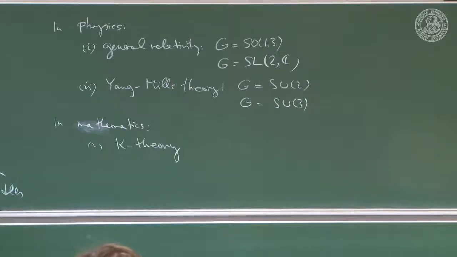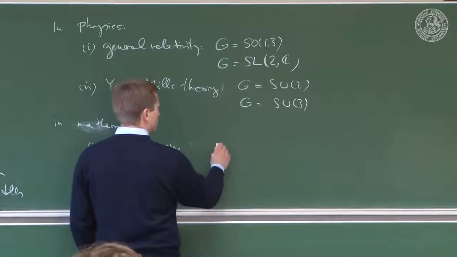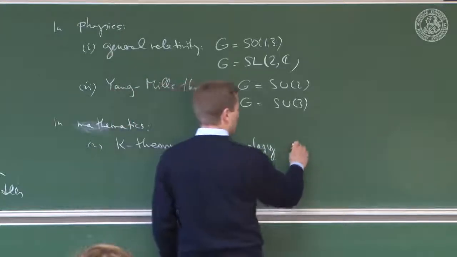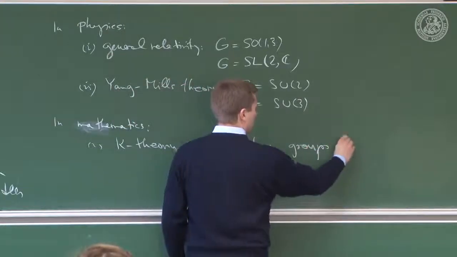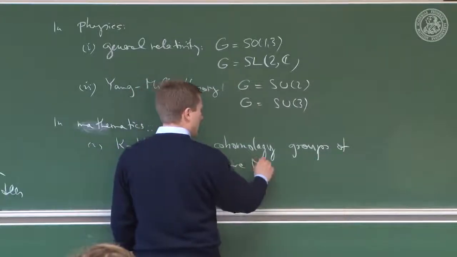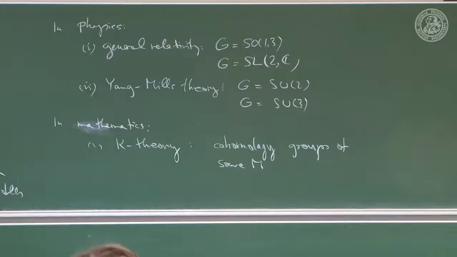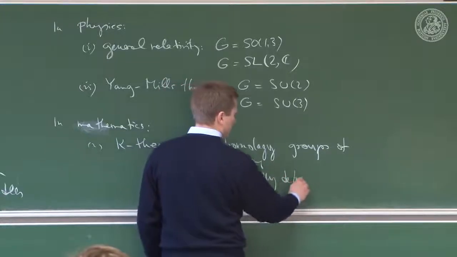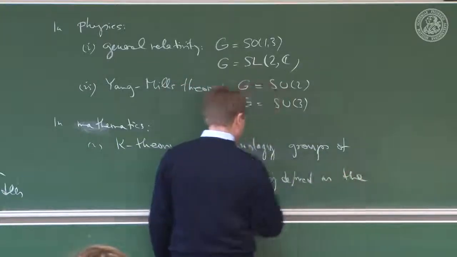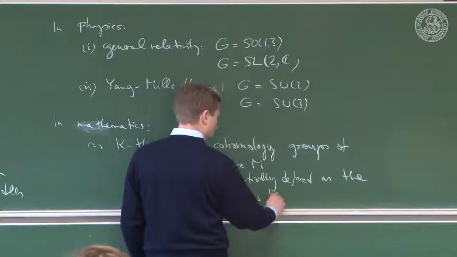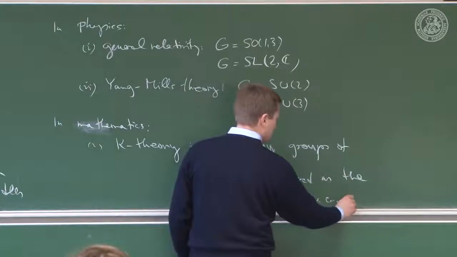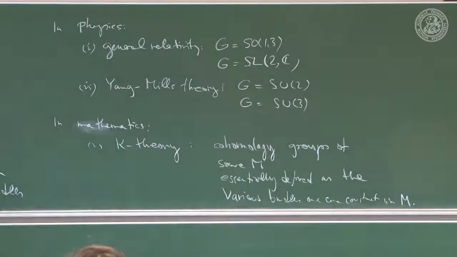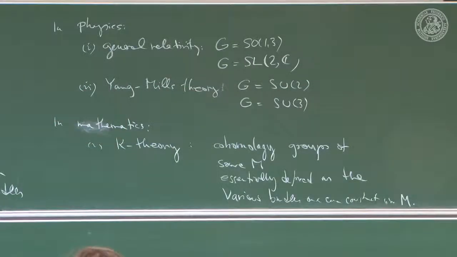And in K-theory, roughly speaking, the cohomology groups of some manifold M, and I told you about the cohomology groups, are essentially defined as the various bundles one can construct over M. And principal bundle techniques and bundle techniques in general are of course important there.